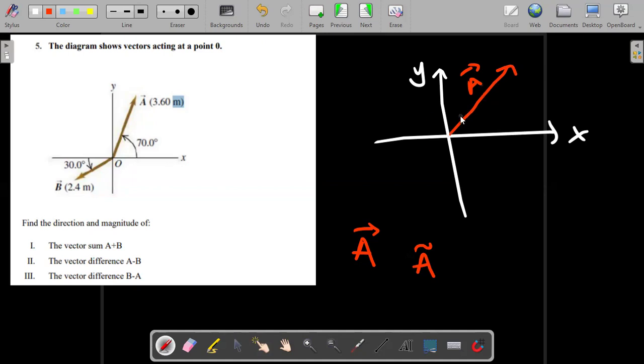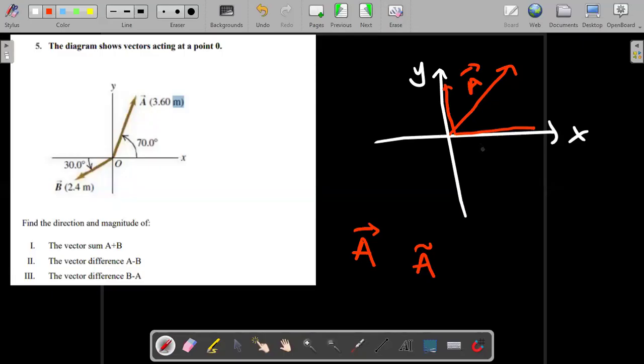This vector A has components in the y and in the x. It has a y component and an x component. As we are locating this vector, there is some component of it that is displaced in the x direction and another that is displaced in the y direction. Those are the components of this vector.